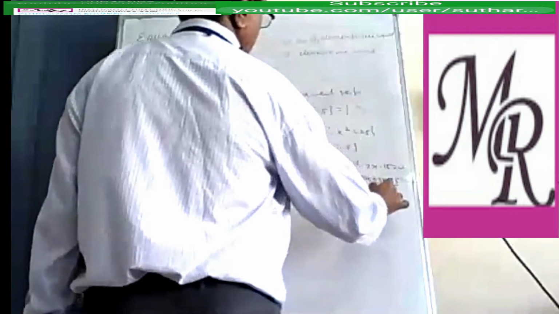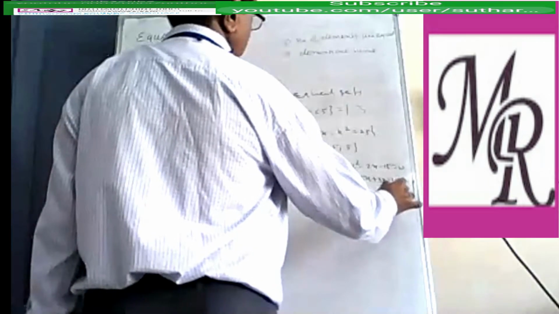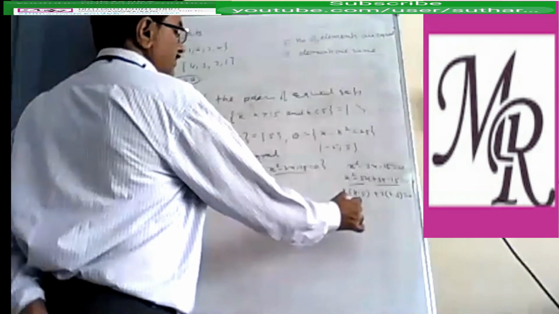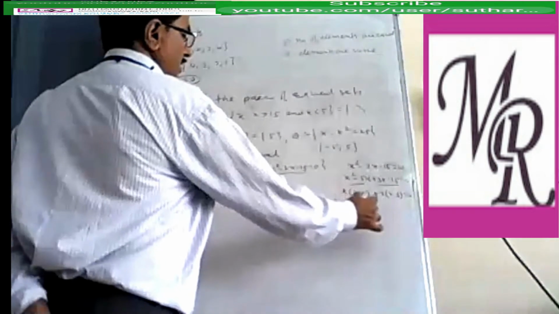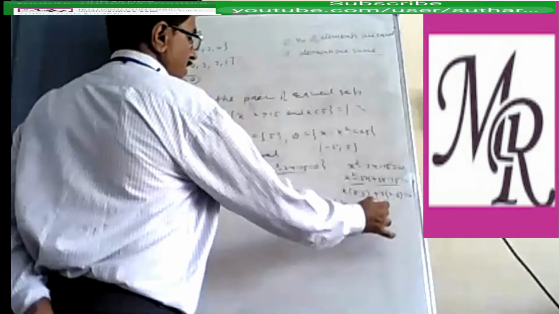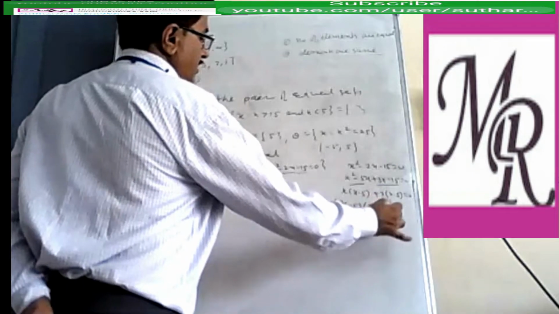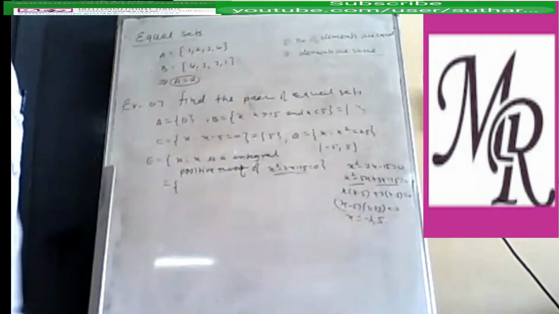So x square minus 5x plus 3x minus 15. You take x common first, then you take 3 common. So we get the factors, and we get two values: minus 3 and 5.